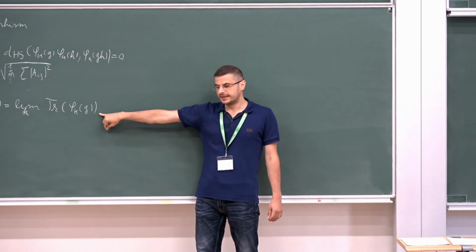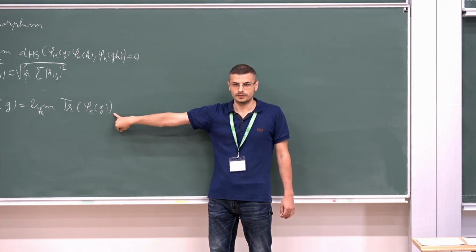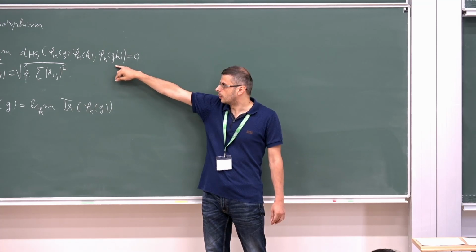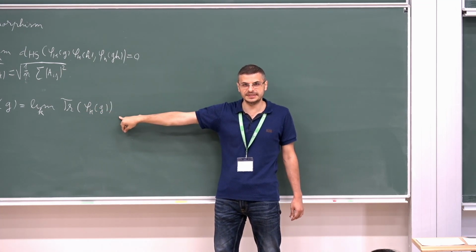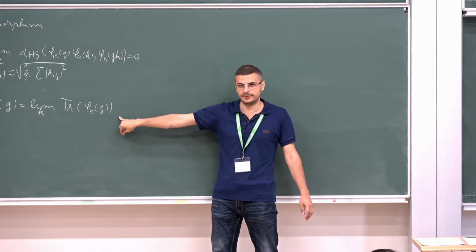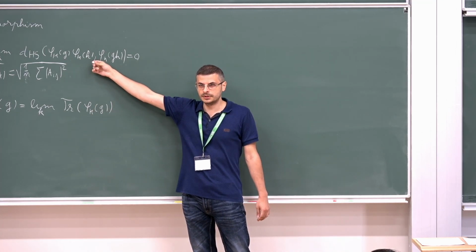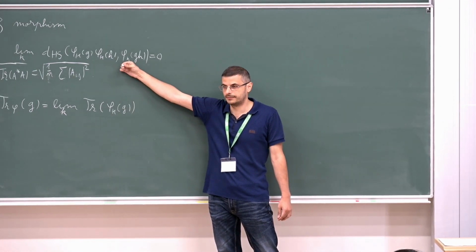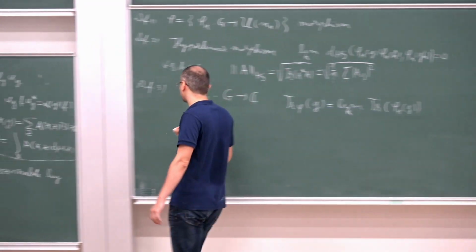Of course you can complain that maybe this limit does not always exist. There are two ways to correct this. You either restrict yourself to only hyperlinear morphisms for which this limit always exists, and there is no loss in generality if you do that. Or, more elegantly, use an ultrafilter, and you notice that this is a bounded sequence because it's the trace of a unitary. So the limit will always exist.